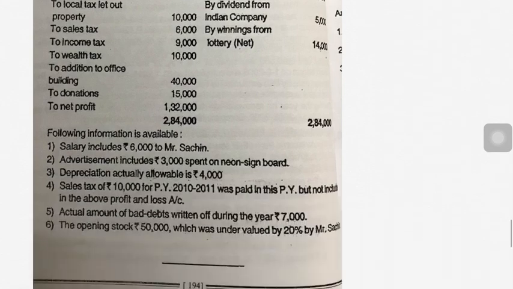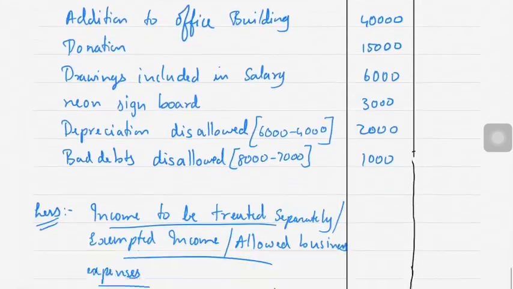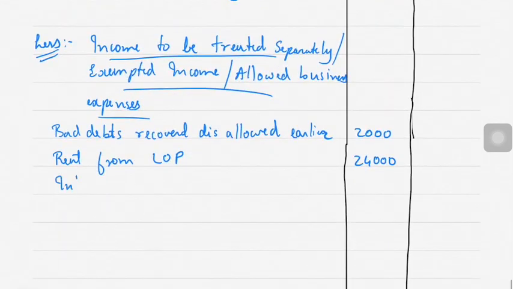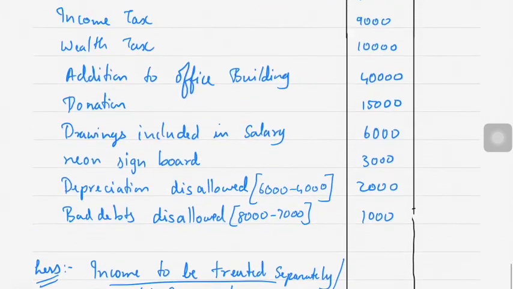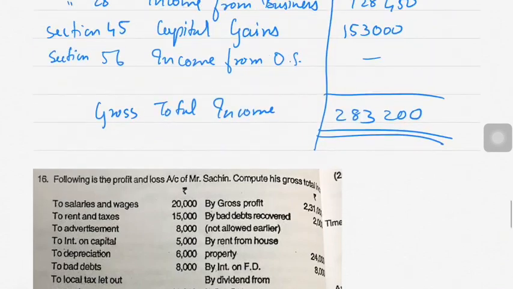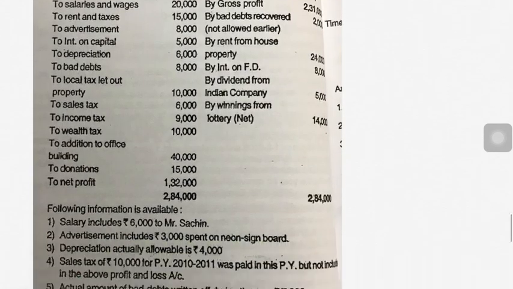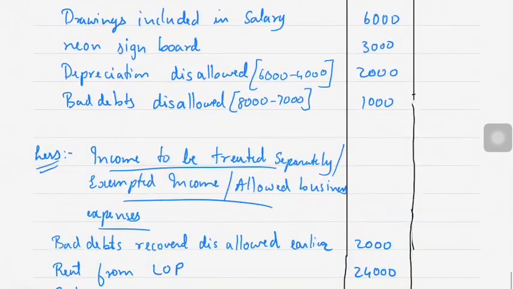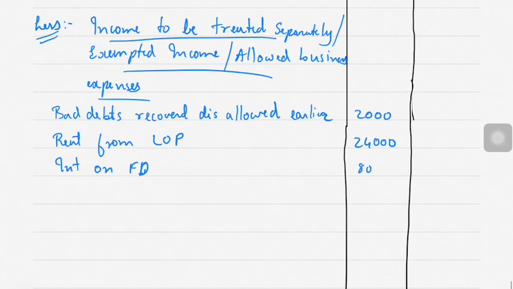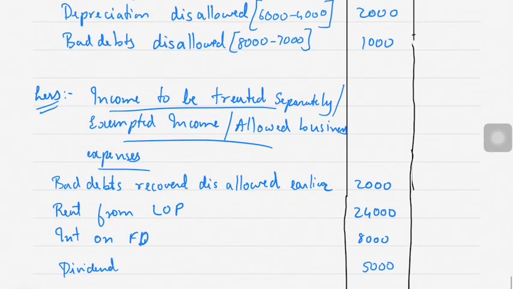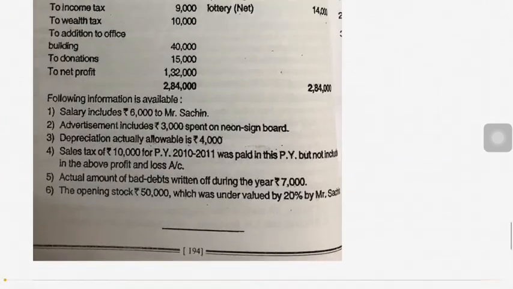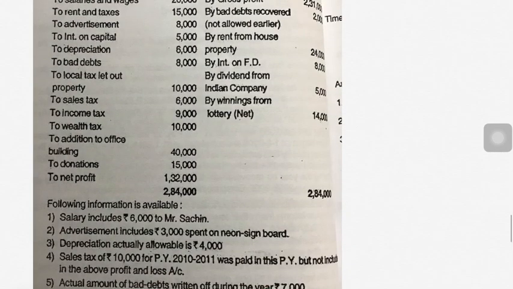Next, interest on FD. This is income from other source. Amount is 8,000. Dividend, $5,000. This is exempted income.